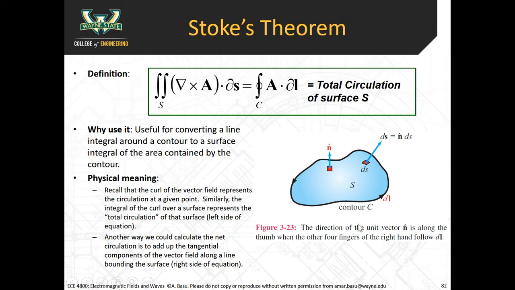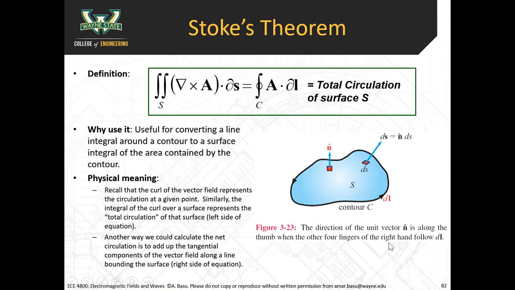The first way: suppose you have a vector field A, and you have a surface within that vector field, and you're asked to calculate the total circulation around S. Remember, circulation is the tendency for that surface object to rotate in the counterclockwise direction. The first way is the line integral.